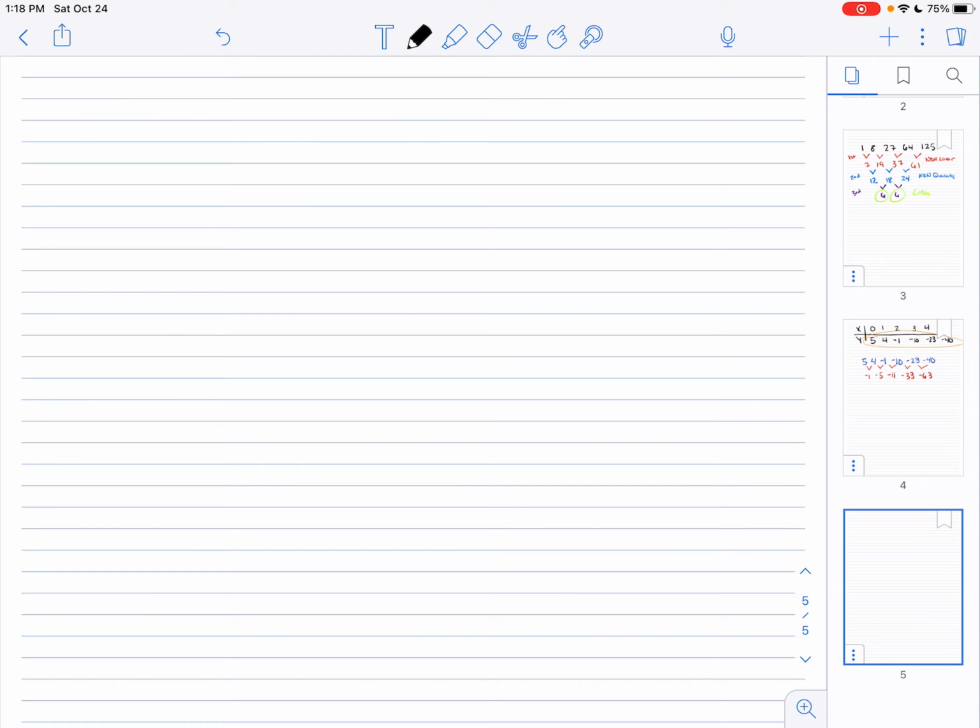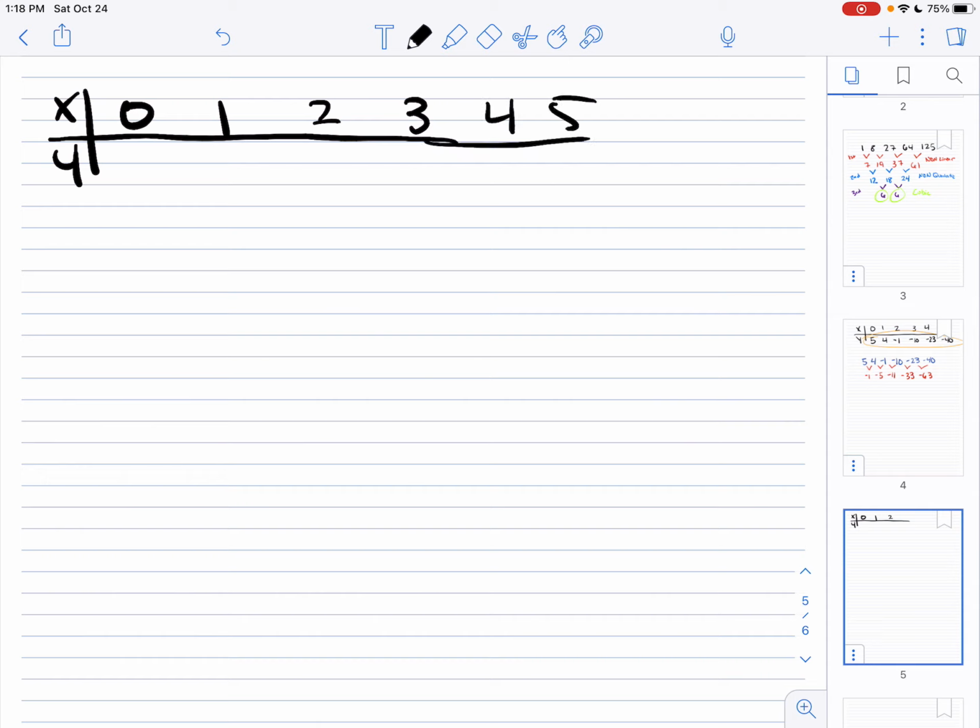The way you're most likely going to see a question like this is if they give you a table with x and y, where our x values are 0, 1, 2, 3, 4, and 5, and our y values are 5, 4, -1, -10, -23, and -40.